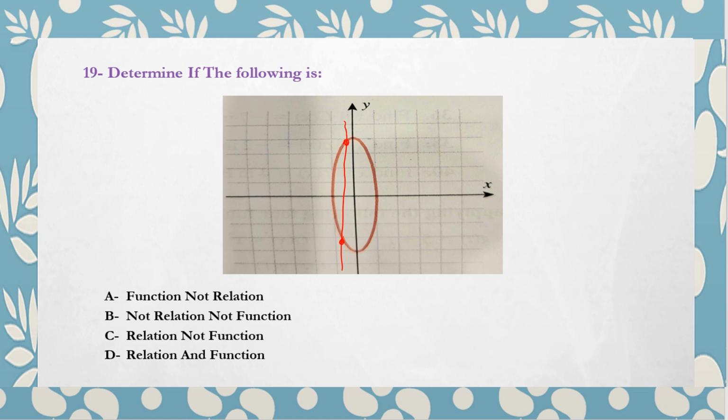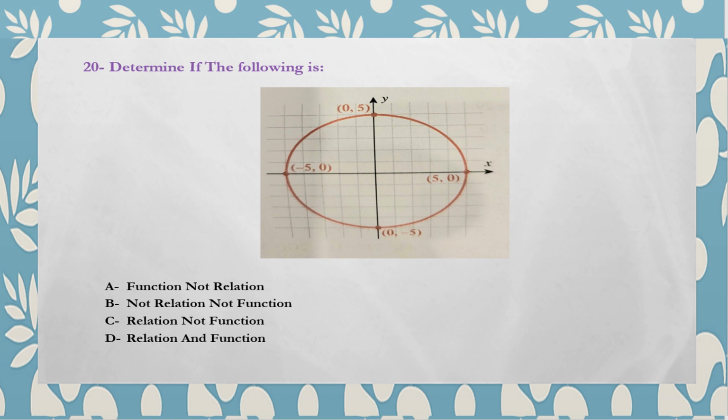So this is a relation but not a function, and the correct answer is C. Example 20, also determine if this graph is a function or not. By using the vertical line test, we can see here that the line intersects the graph in 2 points. So this is a relation but not a function, so the correct answer is C.